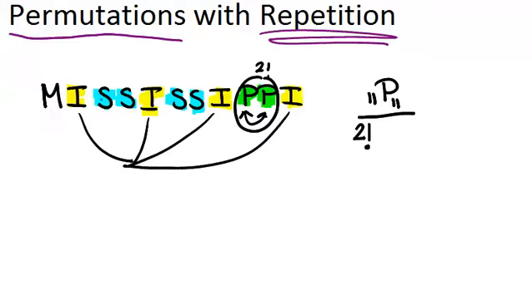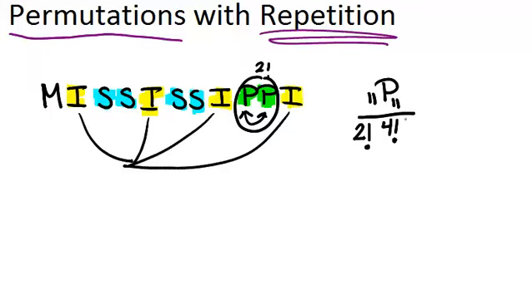For the I's, there are 4 I's. We're dividing by 4 factorial. That's because there are 4 factorial different ways to rearrange 4 I's or 4 of any object. And we want all of those 4 factorial ways to only count as 1 because we won't be able to tell the difference since all 4 of the I's are the same or look the same.